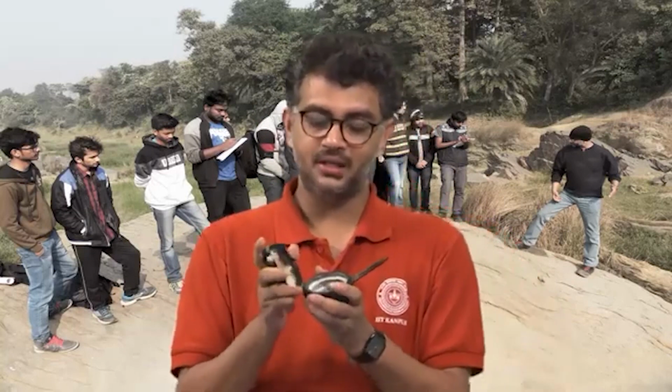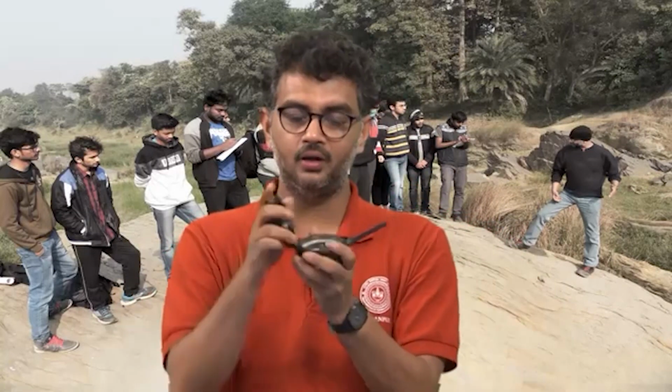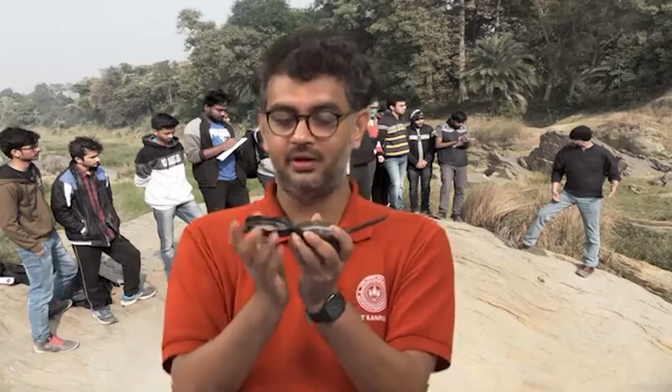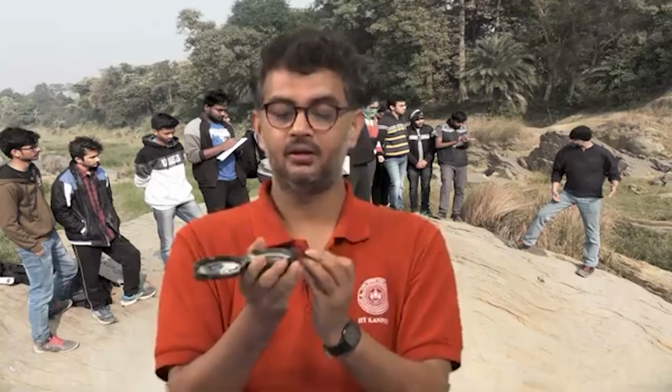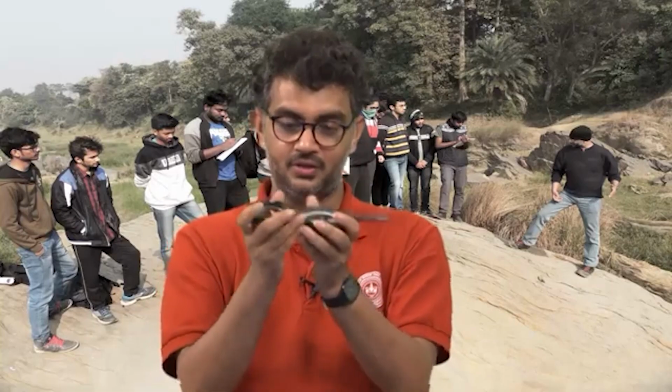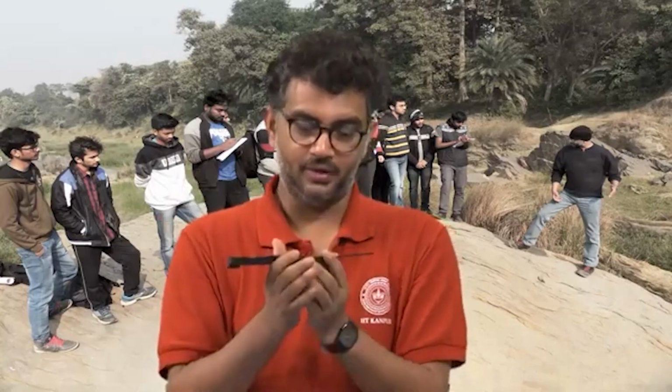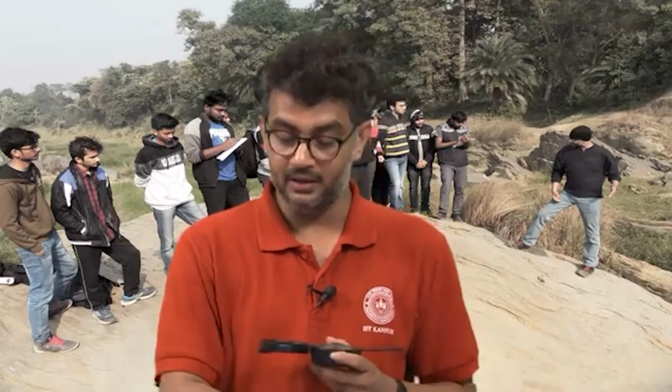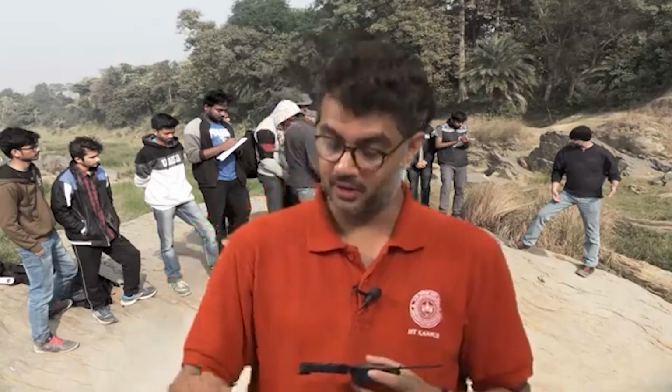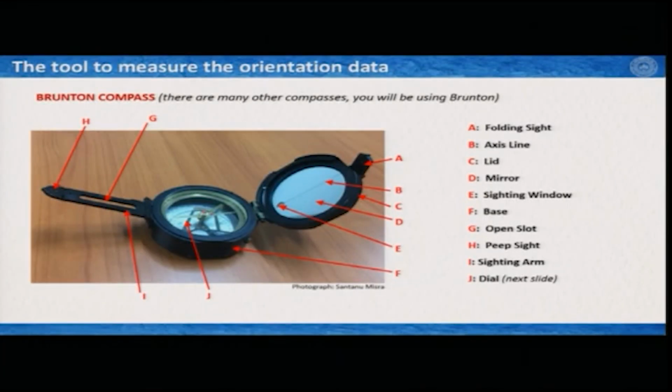As you can see, you can rotate it all along from 0 to 180 degrees, same here, and then you can make everything straight as it looks like here. So, we use different orientations of this compass to measure different things, and in this slide you have the different components written. What is important is that this is the lid, this is the main dial, and this is the sighting arm.